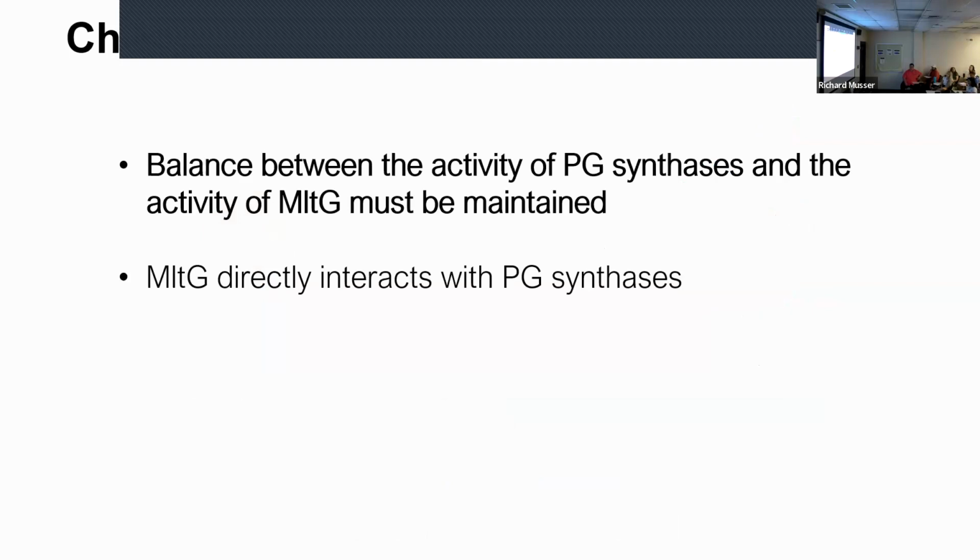The second question is, does it interact with these PG synthases? To answer this question, I made use of a genetic system called bacterial two hybrid. In bacterial two hybrid, the enzyme adenylate cyclase is separated into two distinct domains. Each of these subunits is then fused to a protein of interest.